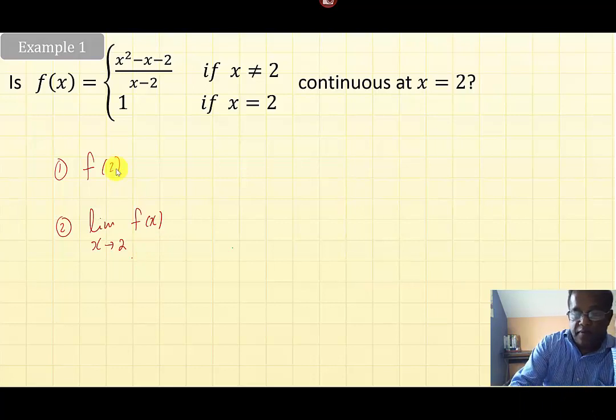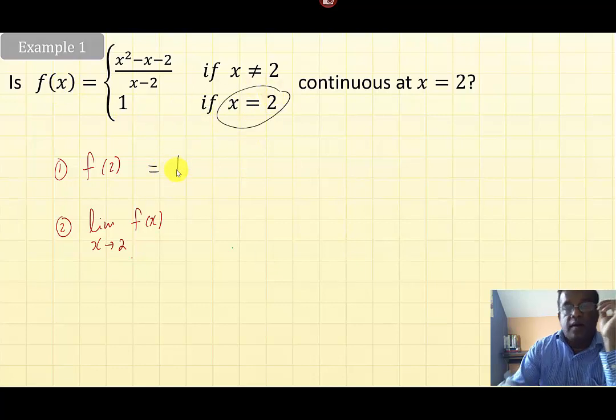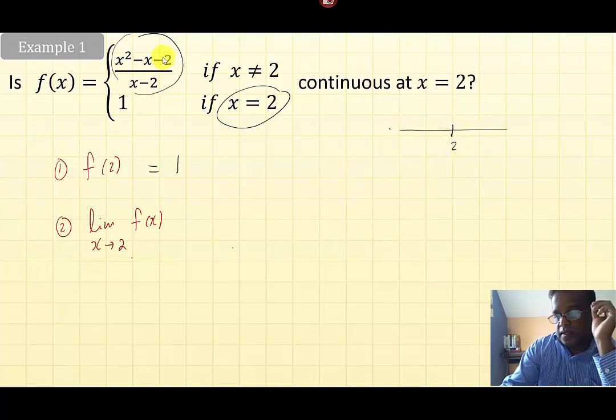Now f of 2, the value of the function when x equals 2, is equal to 1. And the limit as x approaches 2, not at 2. So we have to use this part, because if you draw the number line, this is 2, and this part covers the values below 2 and also the values above 2.